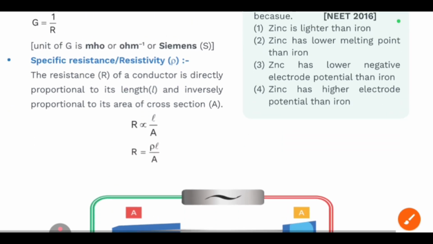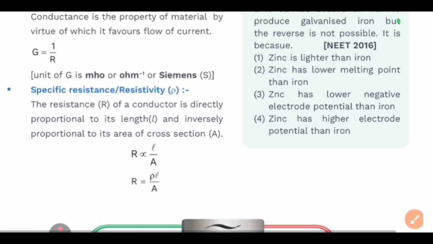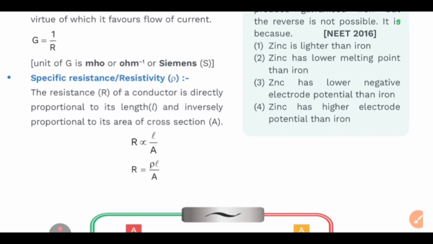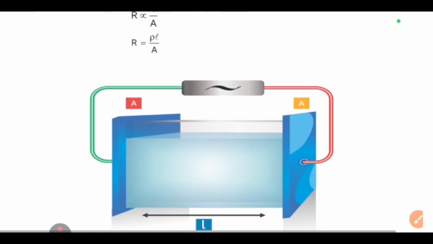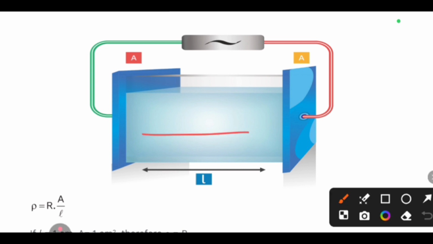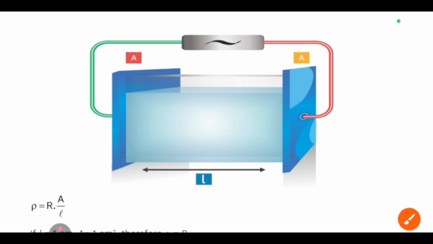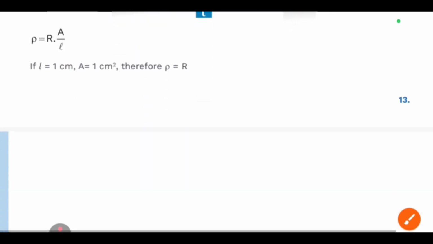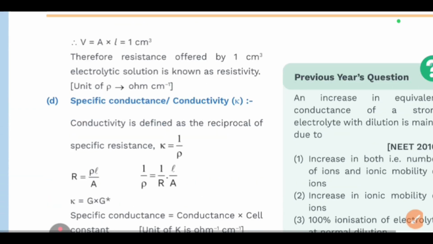The length is not the length of a wire; it is the distance between two rods having an area A. The space between the two rods is L, and the area they occupy is A. By using this formula you can solve the numerical.